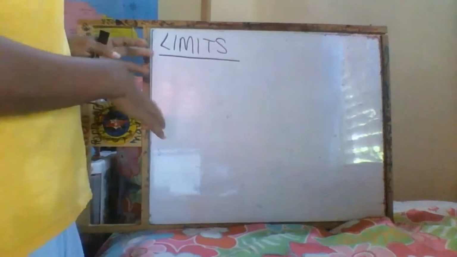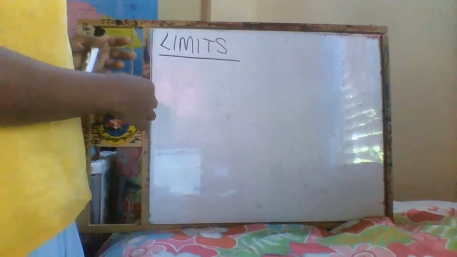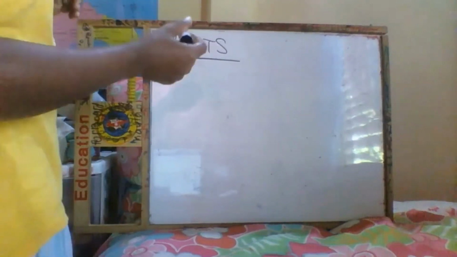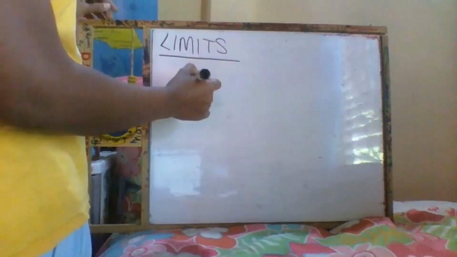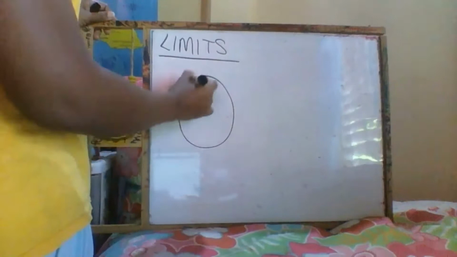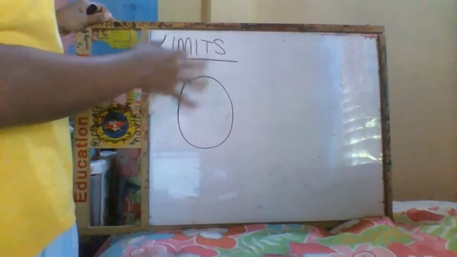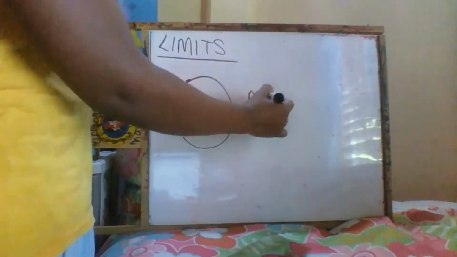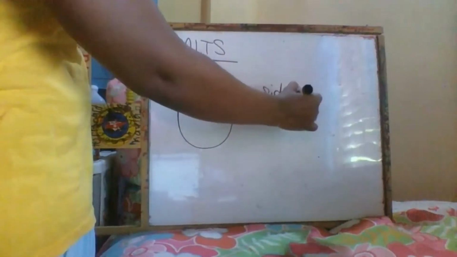I'm going to see if I can give you a gentle introduction to the whole concept of limits. I want you to consider a circle. And within this circle, we're going to inscribe a polygon of n sides.